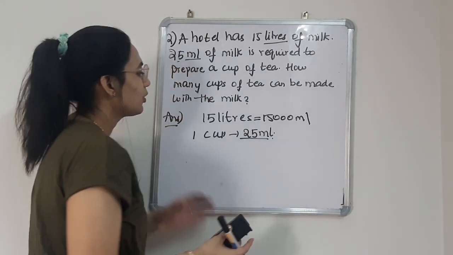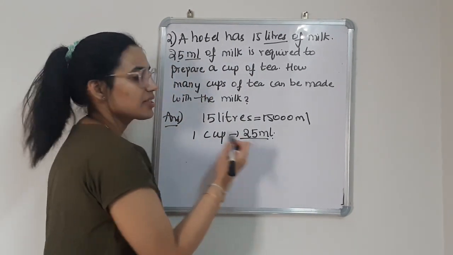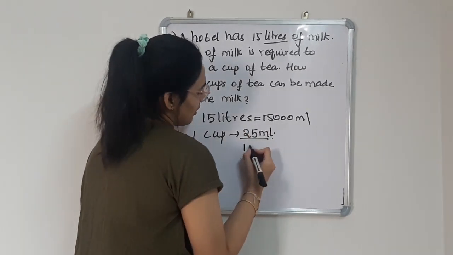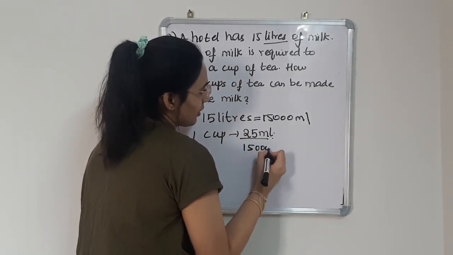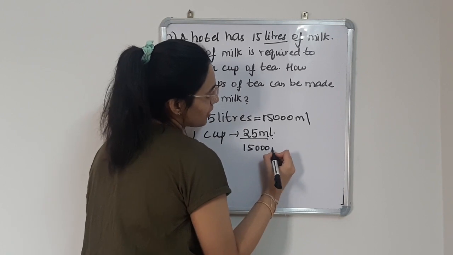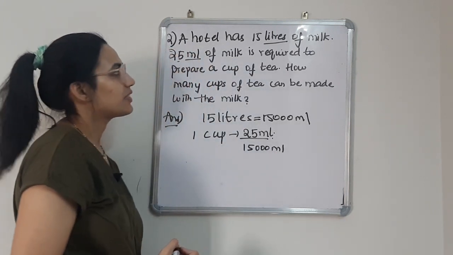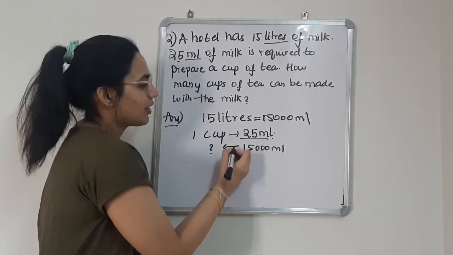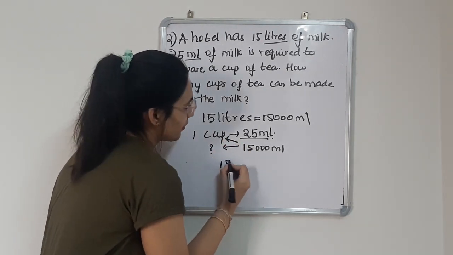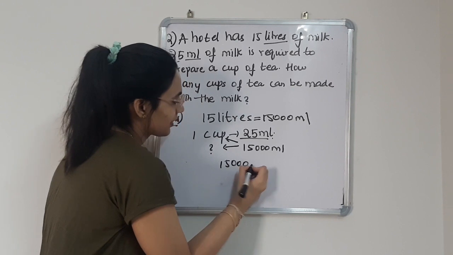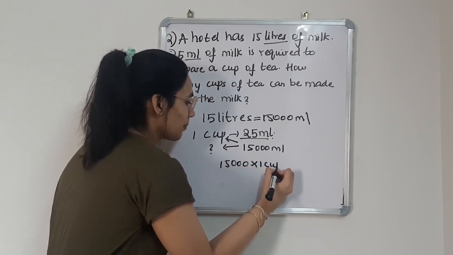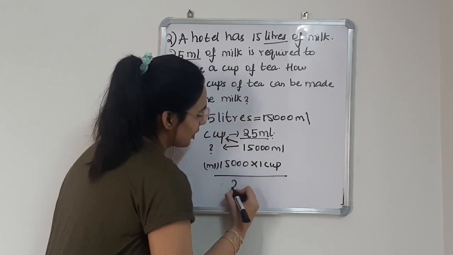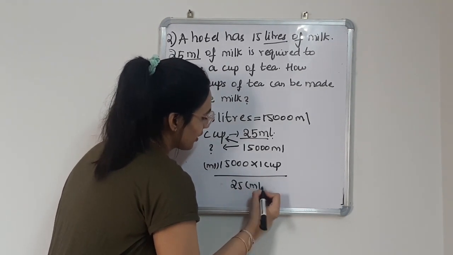Now, you know that 1 cup is 25 ml. There is 15,000 ml of milk available in the hotel. So, how many cups of tea can we make? 15,000 into 1 cup. This is in ml divided by 25 ml.